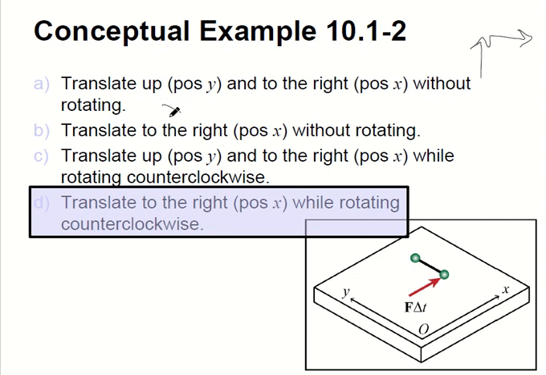That's not true, because if you apply the force at the end, it would definitely rotate. So therefore this is incorrect instantly. Translate to the right: this guy is going to translate to the right, and it's not going to rotate. This is also wrong because of the without rotation. So this one is immediately ruled out. Translate up, it's going to go up and then to the right, and then translate to the right, and then it's going to rotate counterclockwise.